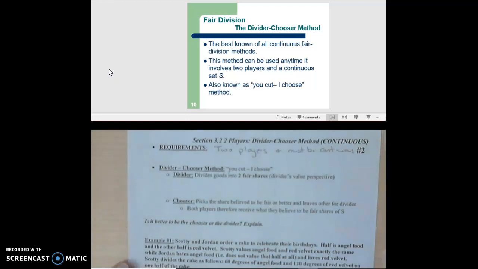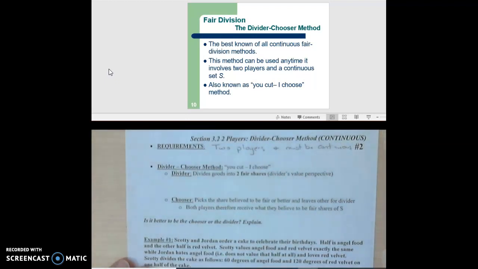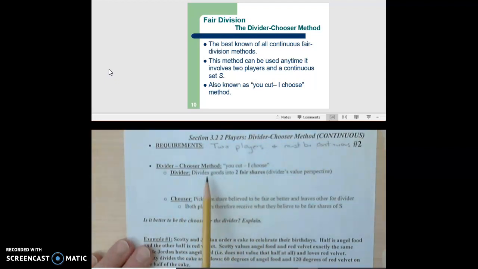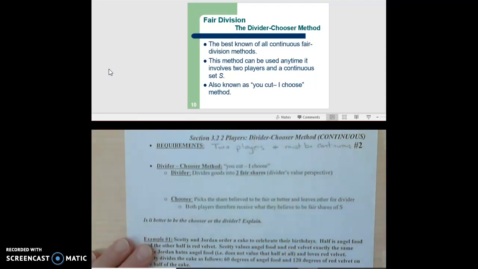In divider chooser, you have two roles. You have the divider, who is the person that is going to cut whatever the thing is into equal parts. The divider is always going to cut it into what they deem as two fair shares, and this is based on their perspective.